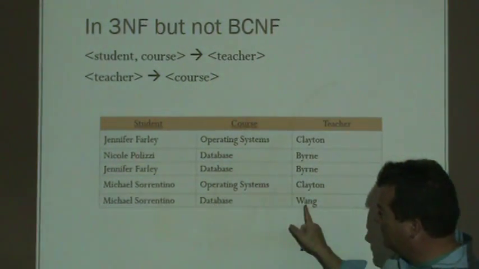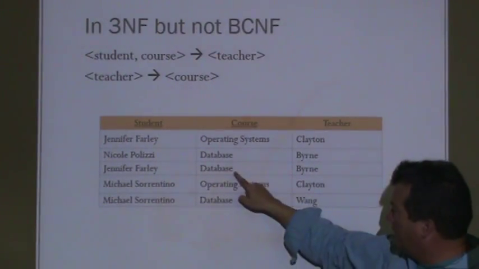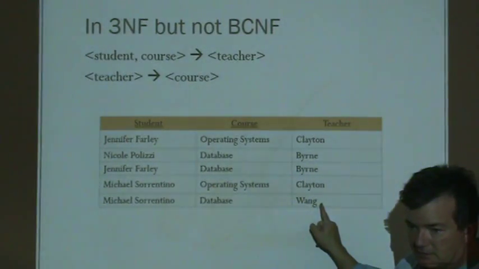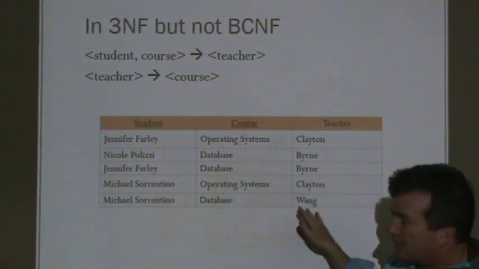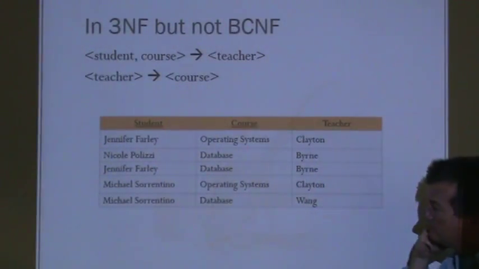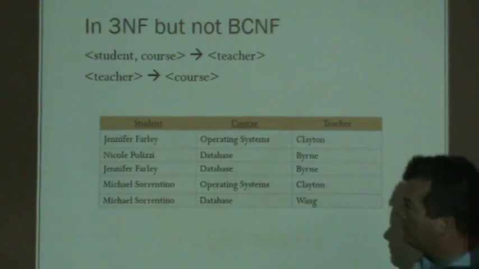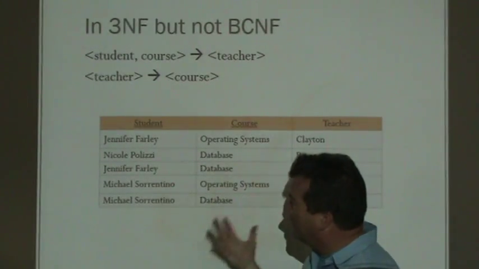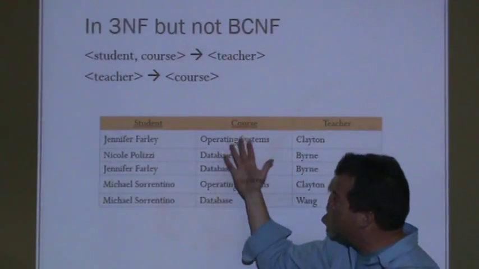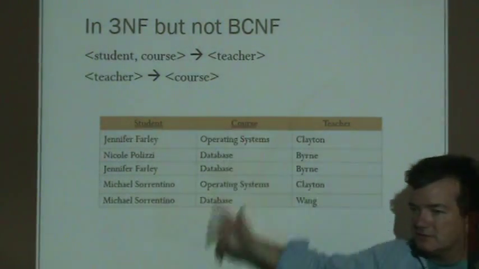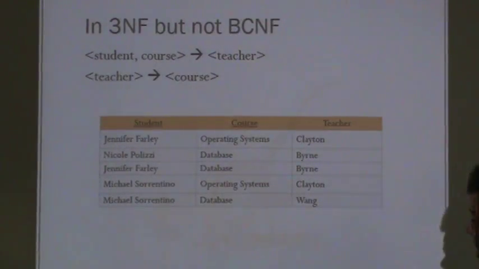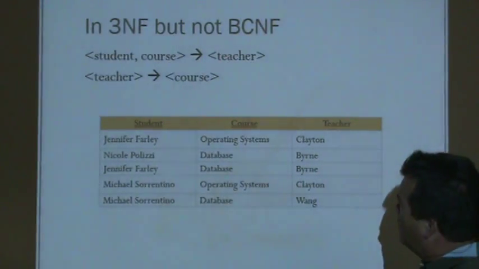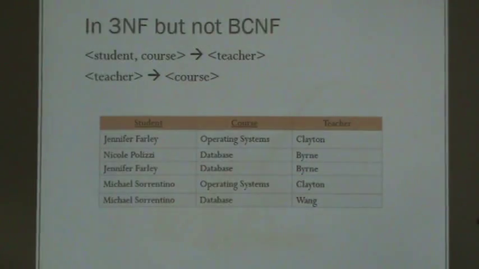Can't say database tells us who the database teacher is, because database tells us two different teachers. So we're in second normal form. And we are in third normal form because there's no transitivity. It's not that student and teacher tells us something which then tells us something else. So we're in third normal form. But we're not in Boyce-Codd normal form.